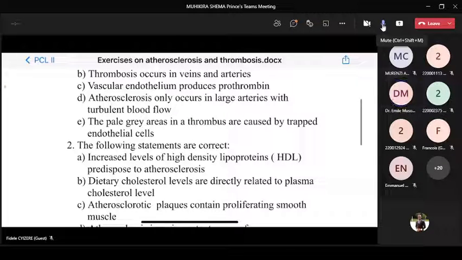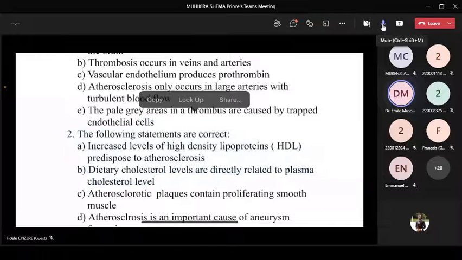Number E. Turbulent means high flow of blood.